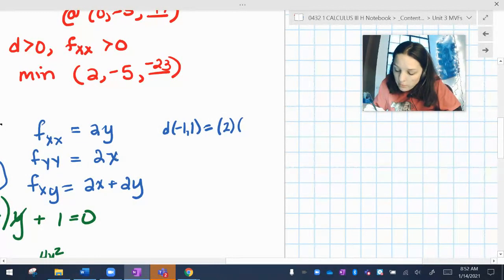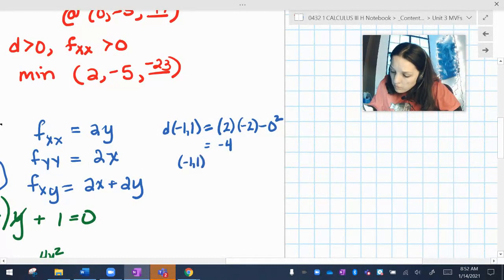If I plug negative 1, 1 into 2x, I get negative 2. And if I plug negative 1, 1 into f sub xy, I get negative 2 plus 2. That's still 0 this time. Again, that just so happens to happen for these. It does not always happen. And I have D is negative 4.